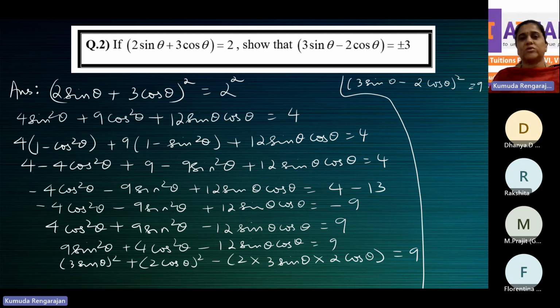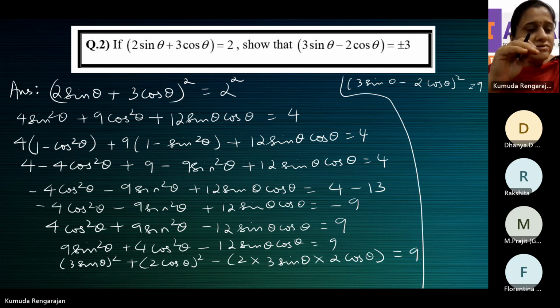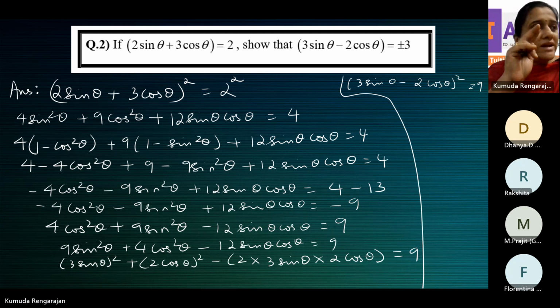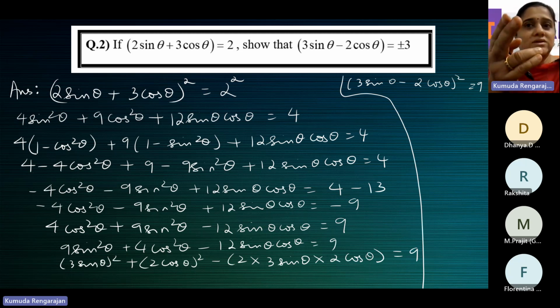So you should register this question, this pattern, in your mind, and you must remember that rule. It's like a question and answer. If you see this kind of a question, then the rule is: write what is given, square on both the sides, then for those A square, B square terms, the sine square theta, cos square theta terms, you should write sine square theta as 1 minus cos square theta and cos square theta as 1 minus sine square theta.